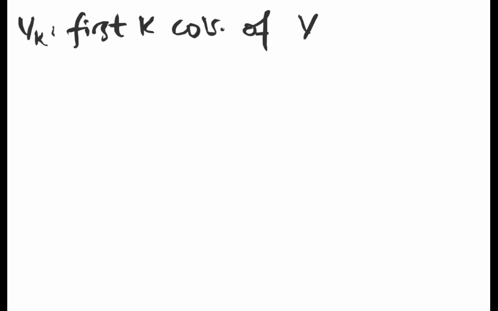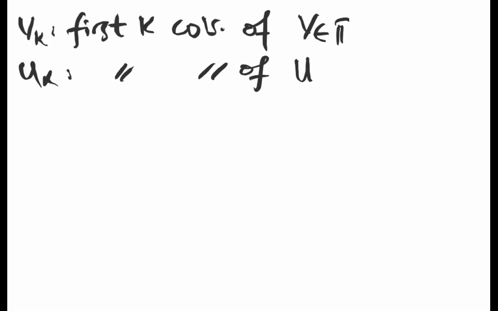V_k means the first k columns of the V matrix, and similarly U_k also means the first k columns of U. You already know from the notation what they belong to.